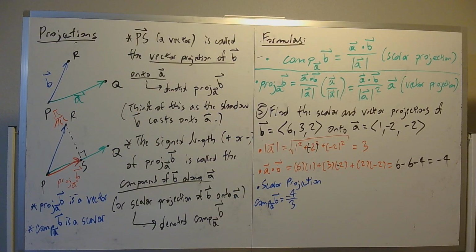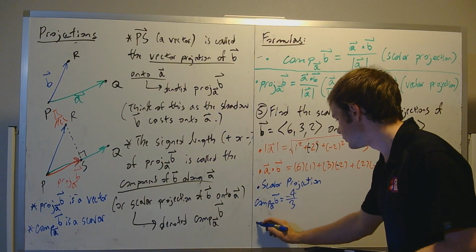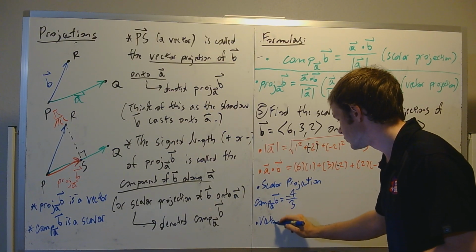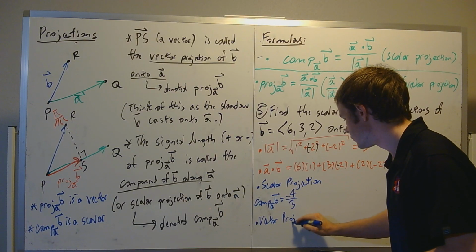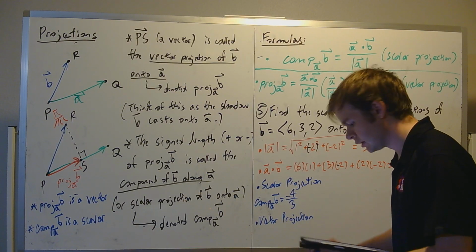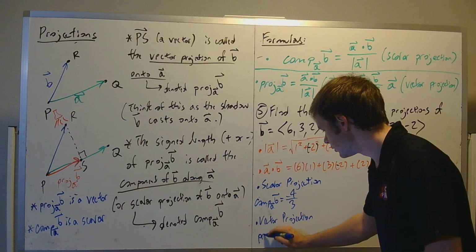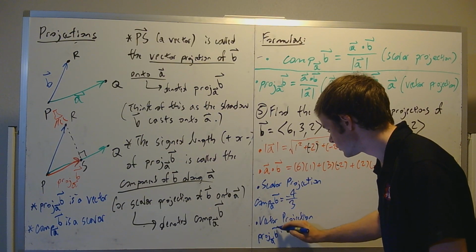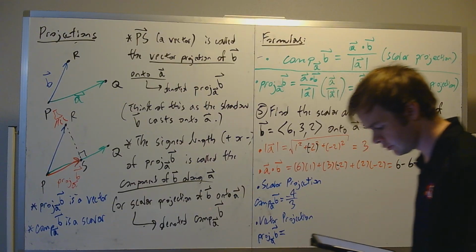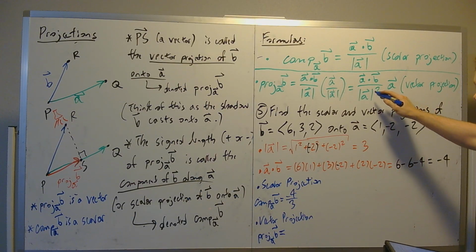Okay. And the next thing is going to be the vector projection. So we can write proj A of B, which is equal to, so we just use this formula here.